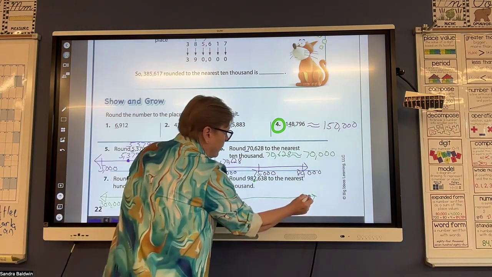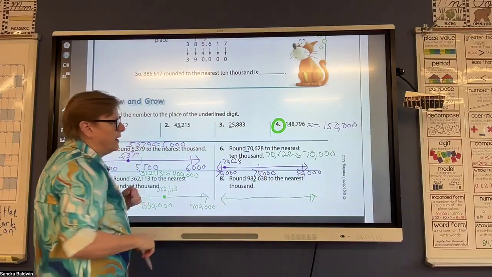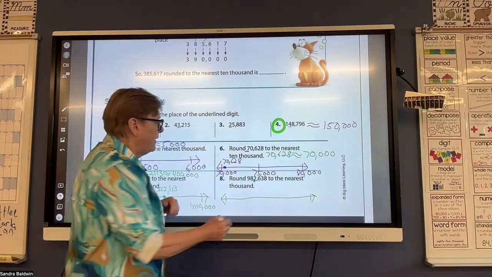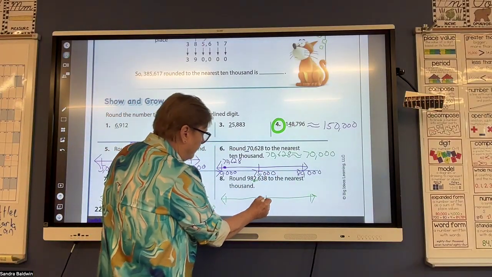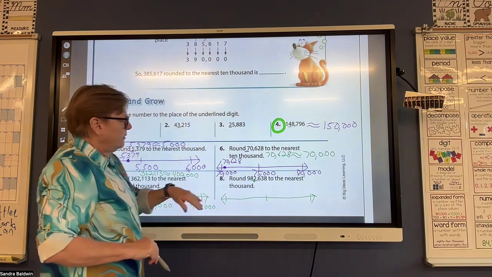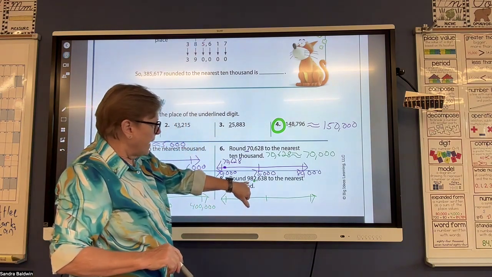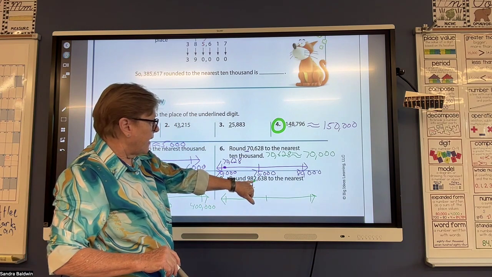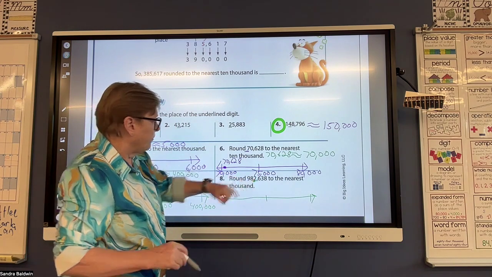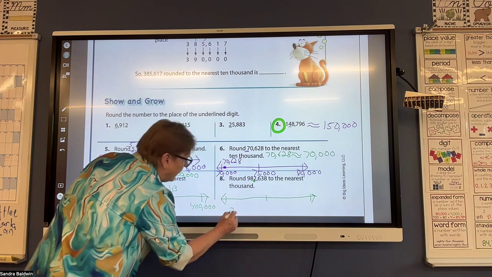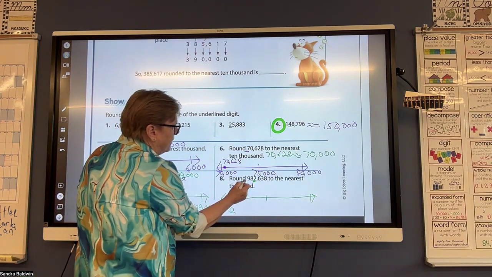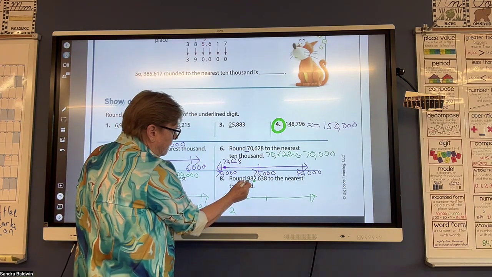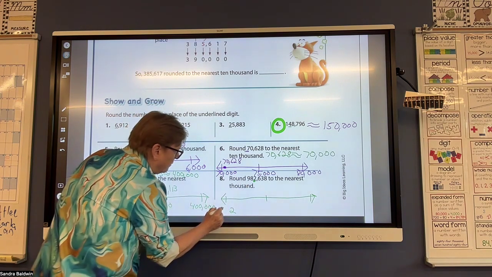My low number, my low barrier, my right barrier or boundary, and then the one in the middle. So the way I know what to write is I see that it said 1,000, so I need that number too. I have to write any number that happens before it also.